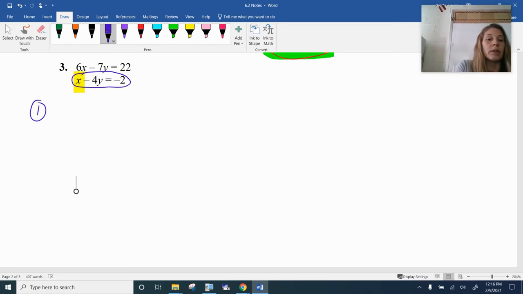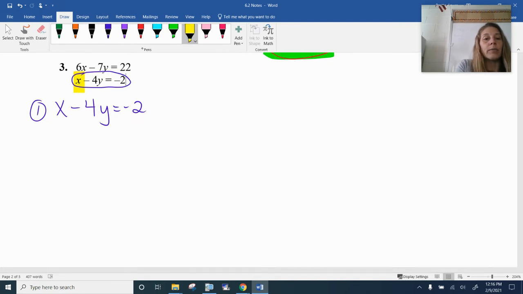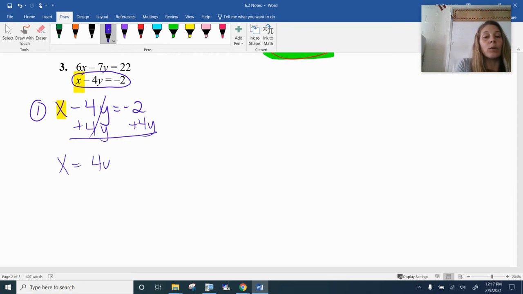So our first step here is going to be to get that x value by itself. And we're going to do that by just moving the 4y over to the other side by adding it, since it was a negative. And that gives us x equals 4y minus 2.